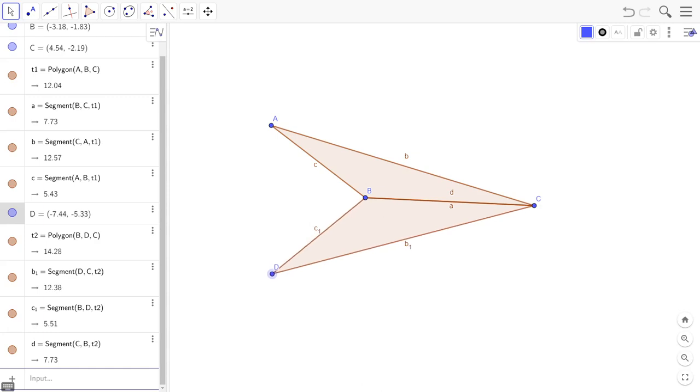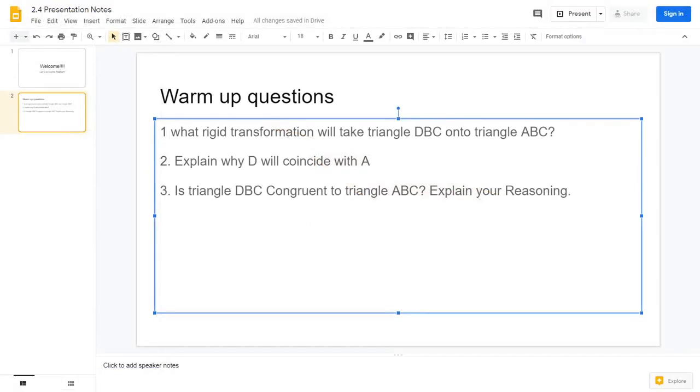See if you can make that picture approximately that. Okay, so we want to find out what rigid transformation will take triangle DBC onto triangle ABC. Then, explain why point D will coincide with A after that transformation.